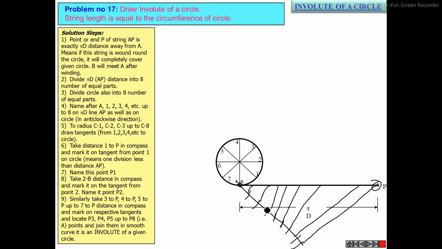Then you can see that these parallel lines are intersecting the initial tangent line over here, here, here, and the last end point is P. Now we need to name all these points. Since we have named the circle as 1, 2, 3, 4, 5, 6, 7, 8, all these points also we will name as 1, 2, 3, 4, 5, 6, 7, and 8. Clear?